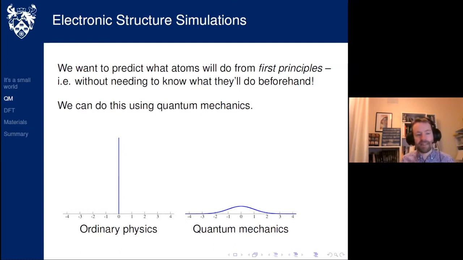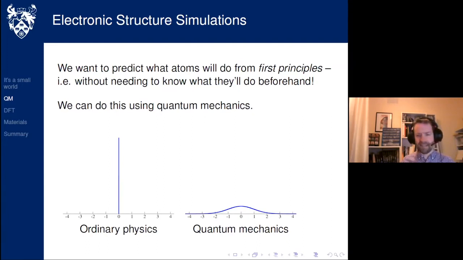But quantum mechanics has a couple of strange things, and the key thing that I'd just like you to think about for a moment is our certainty of measurements. So if I take what I've called here ordinary physics, the kind of physics that you learn at school, for example, if I have a particle, it could be a planet or a car or a tennis ball, or in this case, an atom, and I say it's located somewhere.